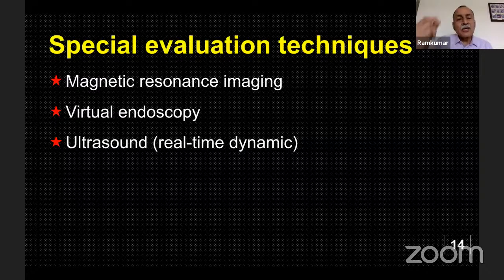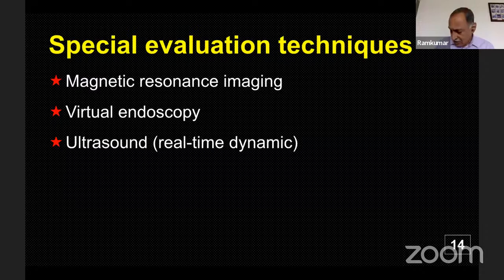And you can go down the tracheobronchial tree, you can look into it as if you're doing a virtual endoscopy. And at different points, just beyond the vocal cords, midway to the carina, at the carina, in the right main bronchus, wherever you want, you can freeze the image and get an idea of what you can anticipate during an actual endoscopy. And this is called a virtual endoscopic technique.